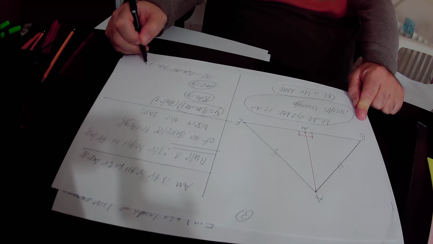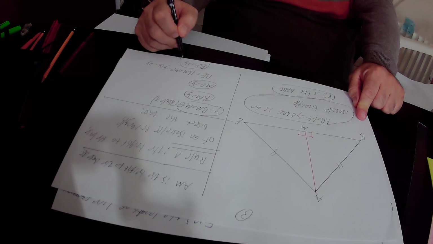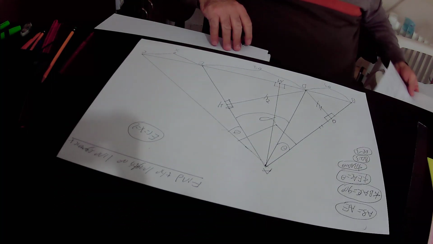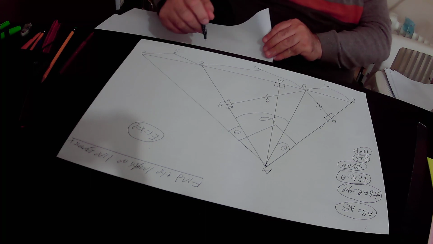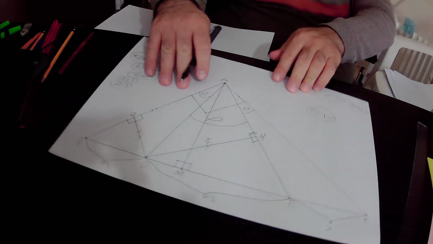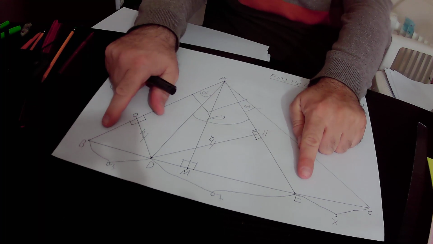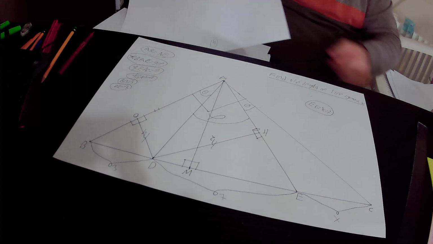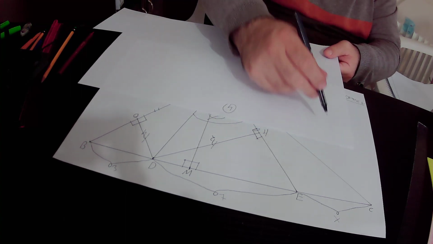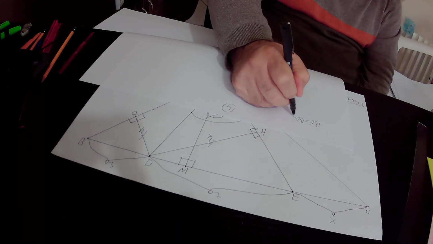Y plus Y is 2Y, so from one side BE is equal to 2Y, but from the other side, you can see from the drawing that BE is equal to BD plus DE. I'll write it down. BE is equal to BD plus DE.